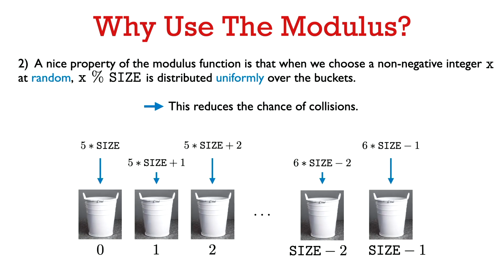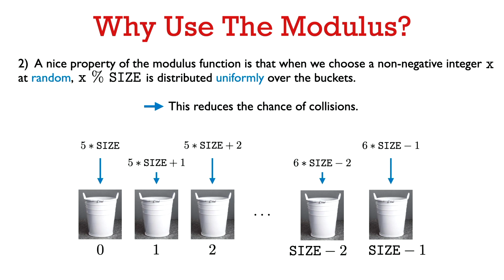Another key property of a hash function is that it should distribute the inputs evenly over the buckets. Of course, this is not always going to be possible. But suppose for a second that we randomly choose an integer between 5 times size and 6 times size minus 1.